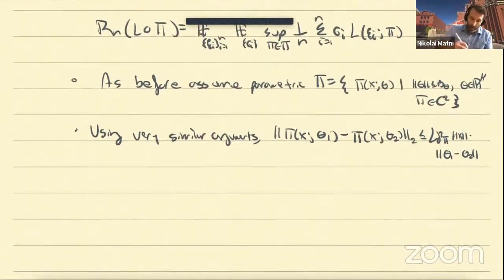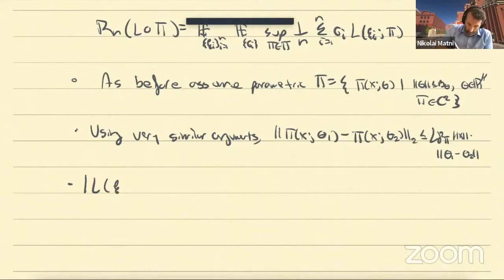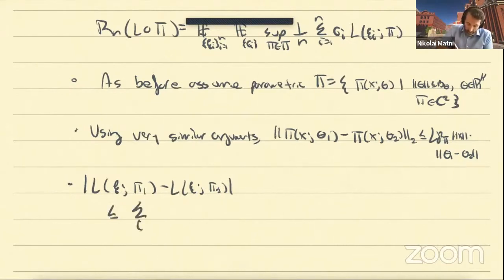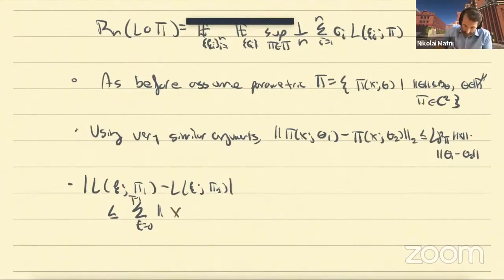But now we need to figure out how to bound the Lipschitz constant of the loss function. So let's write this out. Now, just applying the reverse triangle inequality as we did before, this gives me xt of pi 1 of c minus xt of pi 2 of c.